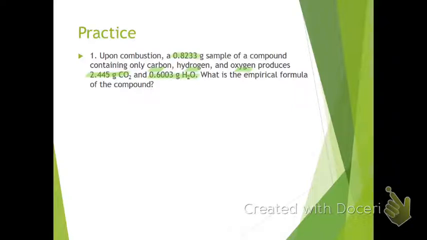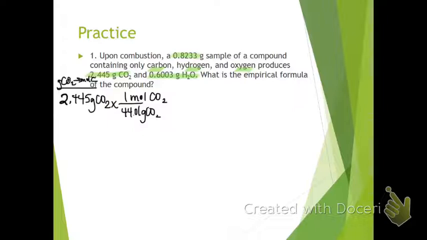Our first step here is going to be to take the mass of the CO2 and the H2O that we have and figure out how many moles of each of those compounds we formed. Once we've found our moles of CO2, we can go one step further and figure out how many moles of carbon were used to form it.